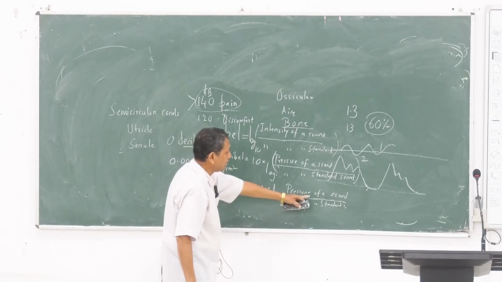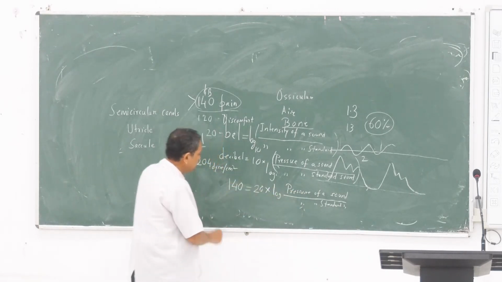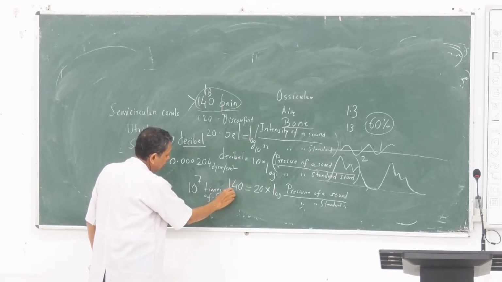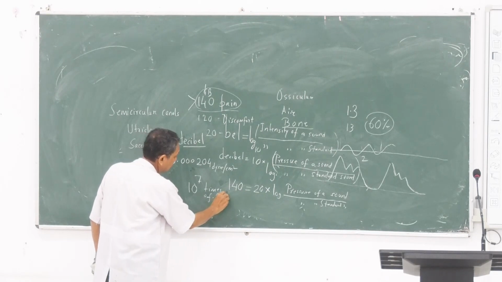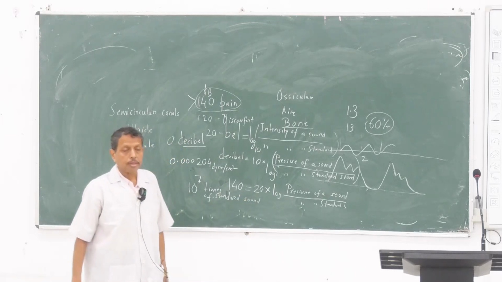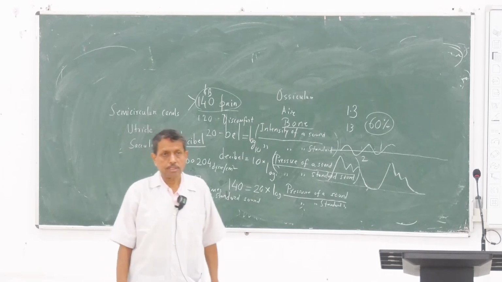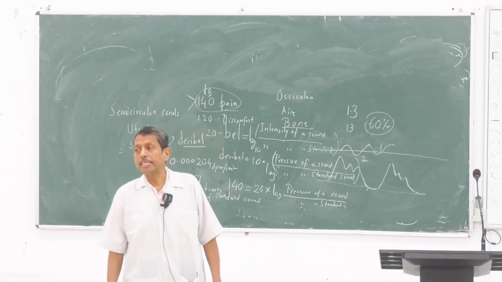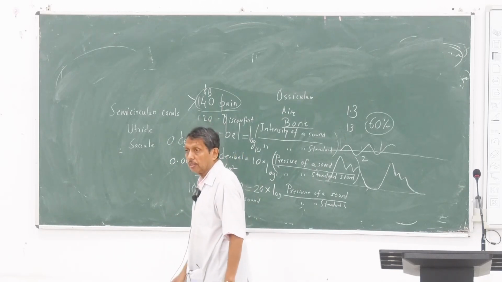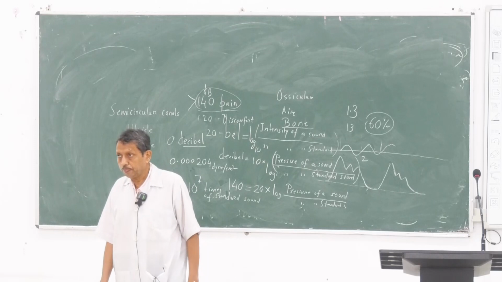Then the pressure of this sound is 10 to the power 7 times that of the standard sound. বুঝা গেল? 10 to the power 7 times. 140 decibel. That is pain producing, definitely harmful if it is prolonged.